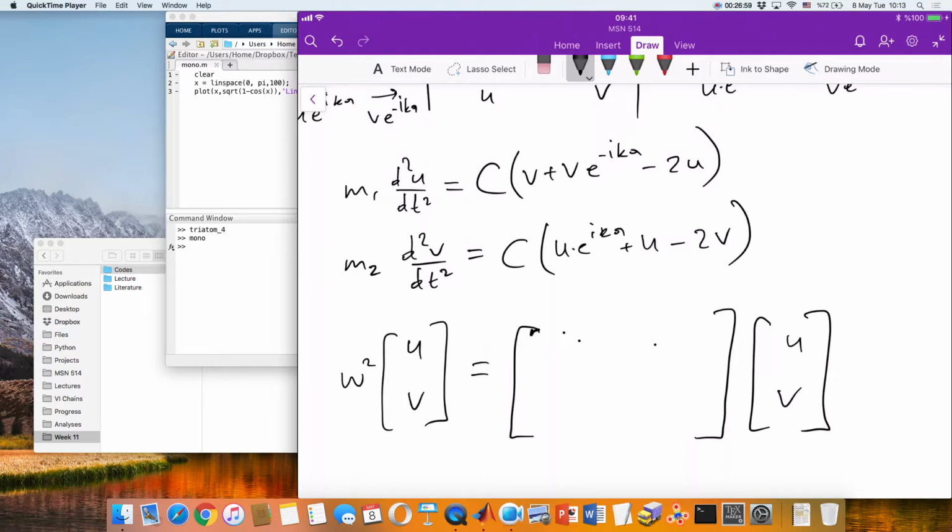And then you have c over m1 times minus 2u minus 2. Do you agree with this? Yes? Then you have c over m1 times 1 plus e to the minus ika.